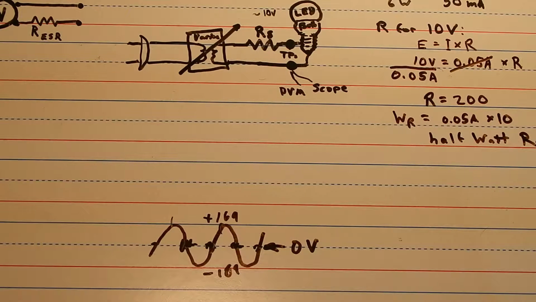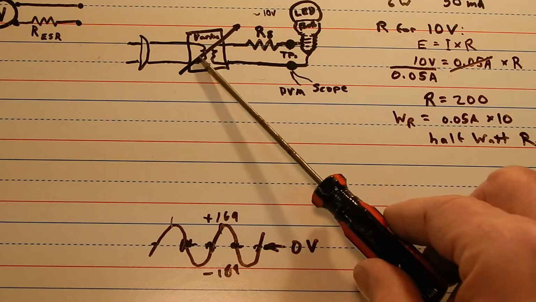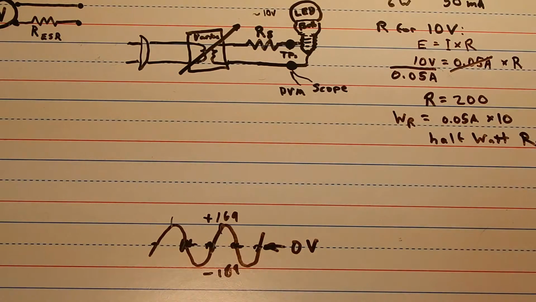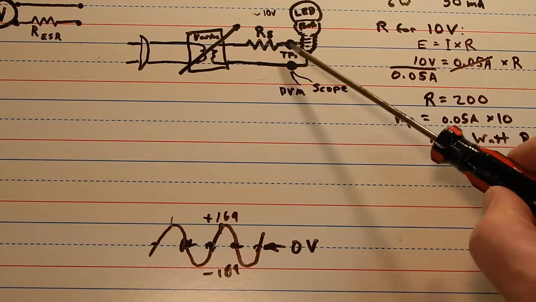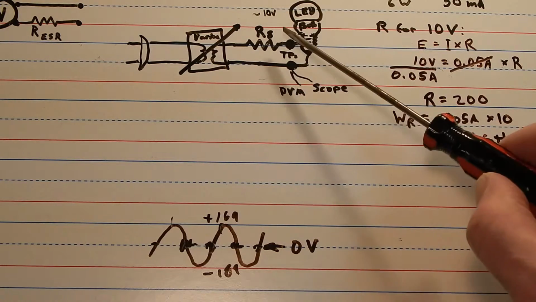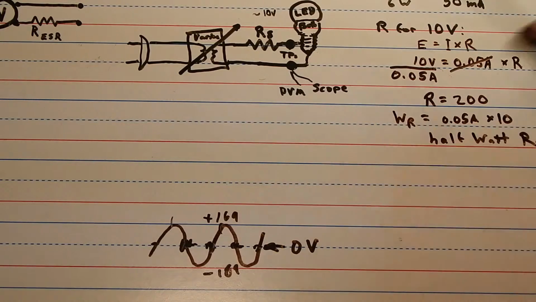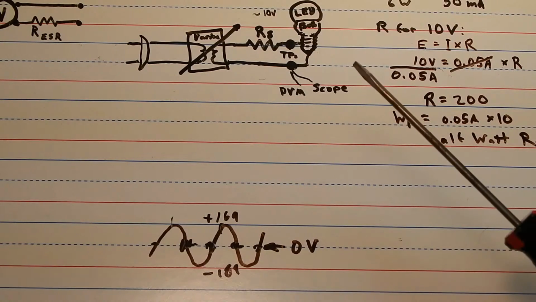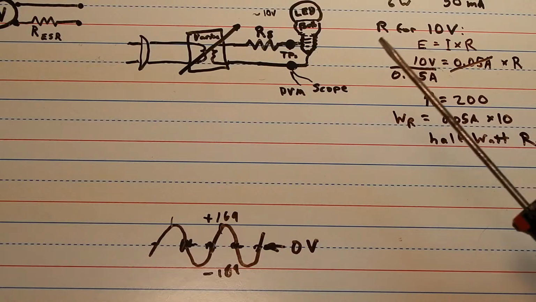So instead of the variac here, I put in an isolation transformer so I could use my scope. And across here I was going to probe with my DVM and my scope. I really don't care about the voltage, because I'm using these on a dimmer circuit the whole cycle, so it doesn't seem to make a difference whether the dimmer's on full or off or dim or whatever. It seems to perform equally poorly.